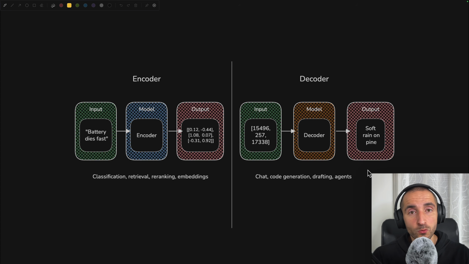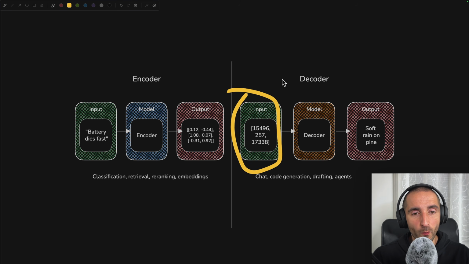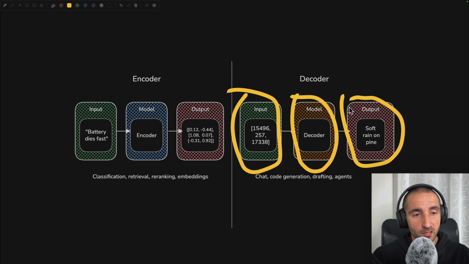Then on the other hand, we have the decoder, and here the input is almost always token IDs. Based on those token IDs, the model generates other token IDs that are then converted into text. That is, the unique representation of the tokens is converted into this particular string that you're seeing right here.